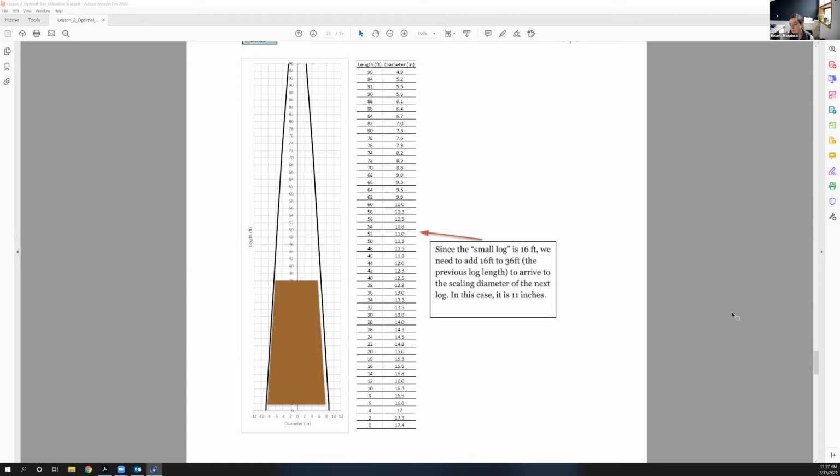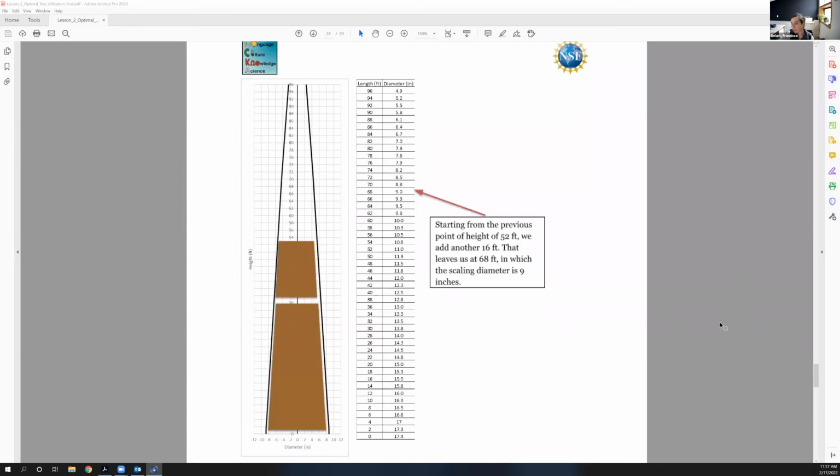And that gives us a small end diameter of 11 inches, if you look at the table to the right. And because the small log has this minimum small end diameter of 5 inches, then we're well within the range that the mill would accept for small logs. So now we have a large log on the bottom and then a small log next.